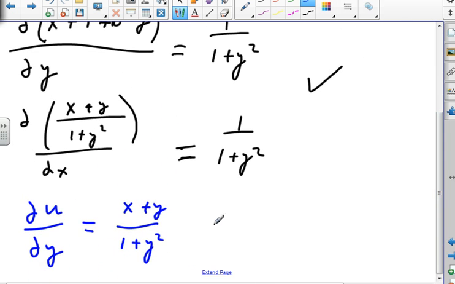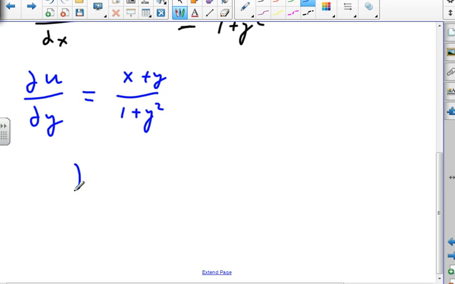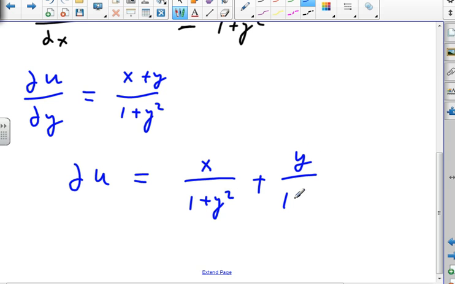Okay, so that means the partial of u is equal to x over 1 plus y squared plus y over 1 plus y squared, partial y. Integrate both sides.